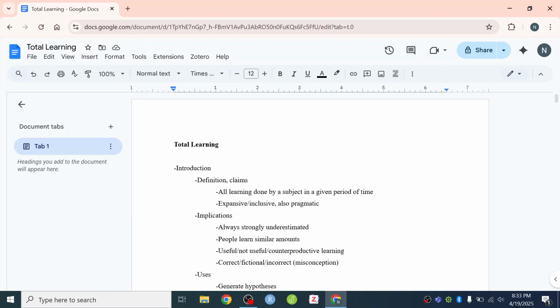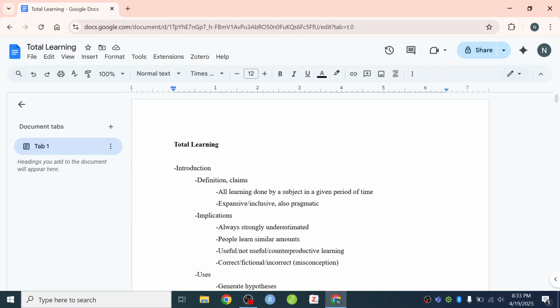Another, related implication is that people tend to learn similar amounts in a given period of time. They may be learning different things, but the total learning that they're doing tends to be fairly similar. We'll talk about that. And while people may be doing more learning than we think, and may be learning more similar amounts of things than we tend to think, that does not necessarily mean that the learning they're doing is all of equal usefulness.